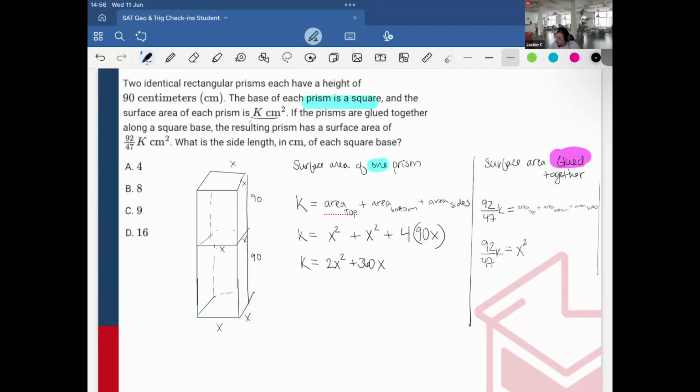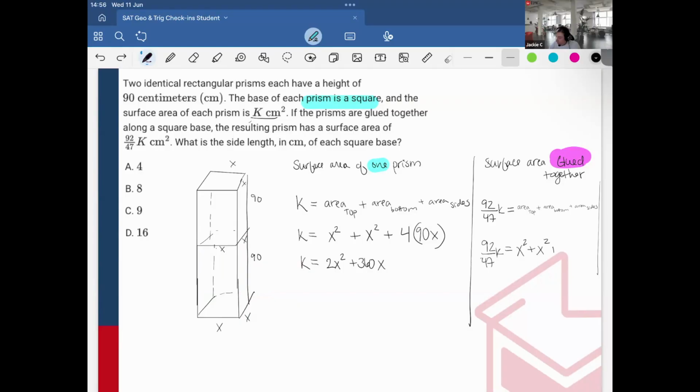So it'd be x squared plus x squared. The only thing that's different is that I'm doing these whole sides now. So this would be 180 multiplied by x to get each one of these faces. We have the back face, the front face, and this face. Okay, so hopefully everyone sees that and is amazed.